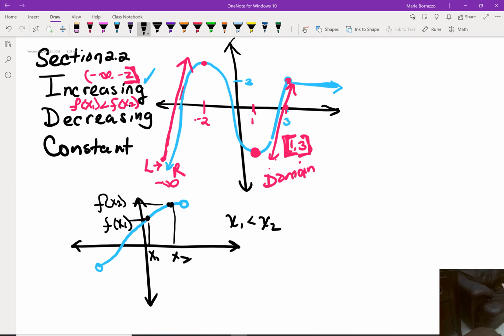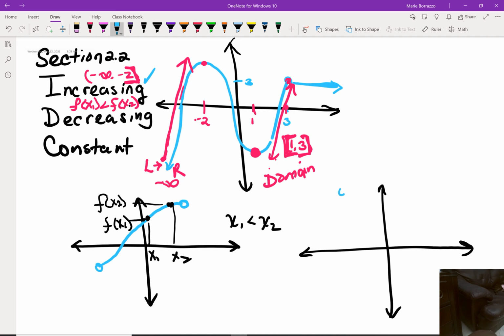Now, when we look at decreasing functions, again, back to a coordinate system. In this case, let's say I'm looking at a diagram that starts here and does this behavior. By definition, what this is saying is actually the opposite of the previous one. This is saying that f of x1 is actually going to be greater than f of x2.